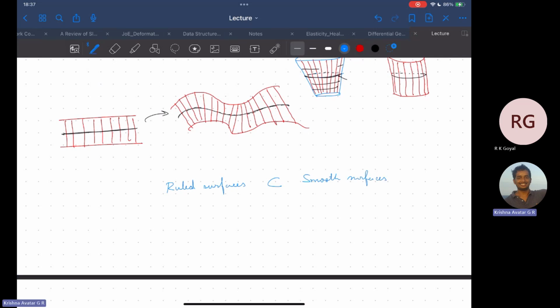And many a time, some surfaces would not look ruled, but they happen to be ruled. It's something strange. Things like a hyperboloid are ruled surfaces, but it doesn't seem so intuitively.